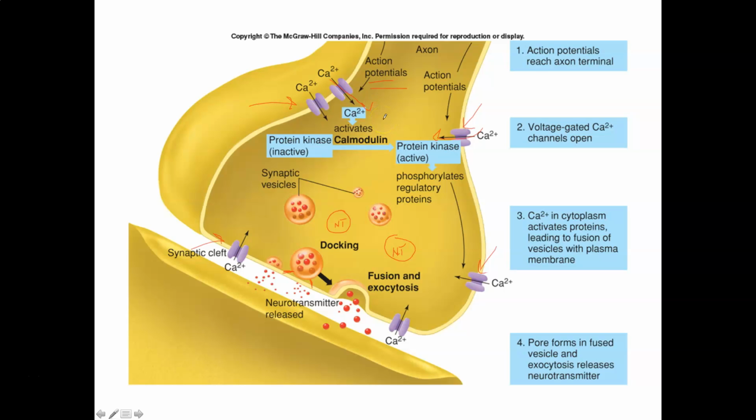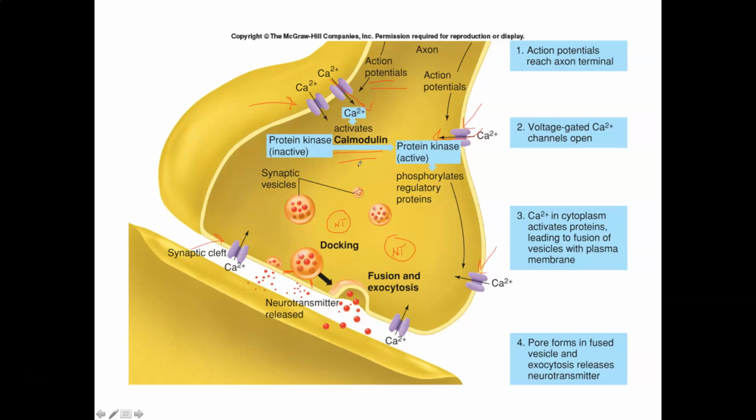The calcium then is going to interact with sensor proteins. So there are sensor proteins found within the axon terminal that bind with calcium. Good example of a sensor protein would be calmodulin. There's lots of calcium-calmodulin interactions within the human body. We also use a sensor protein called synaptotagmin, which will interact with calcium.